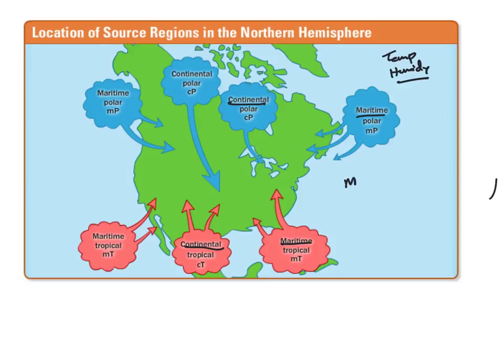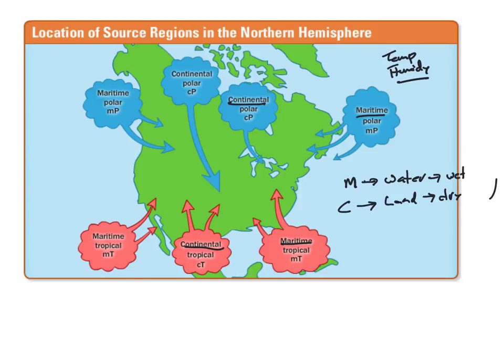If I have a maritime air mass, that means it formed over water, so it's going to be a wet air mass, meaning it's going to have some kind of moisture associated with it. If it's a continental air mass, then it formed over land, and we'll call that a dry air mass. So we can see the difference between a wet and a dry air mass. A wet air mass will have more moisture in it, a higher humidity level, versus a continental mass, which is dry and is going to have less water inside of it.